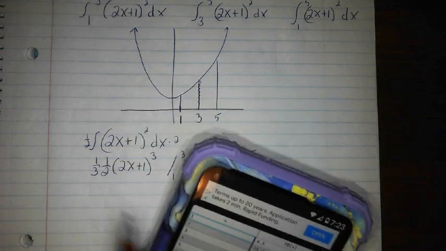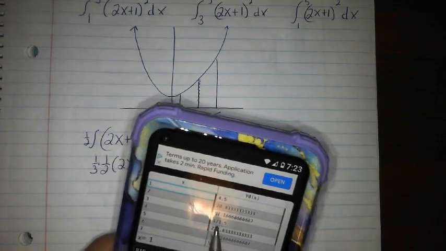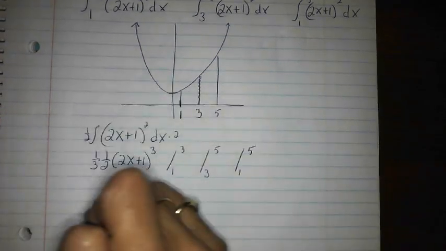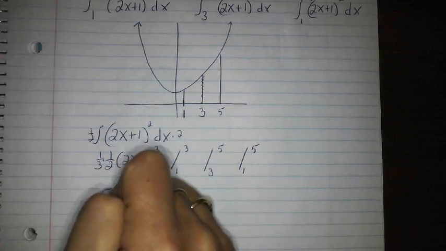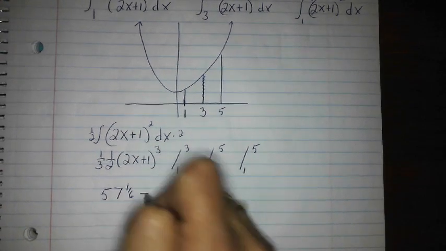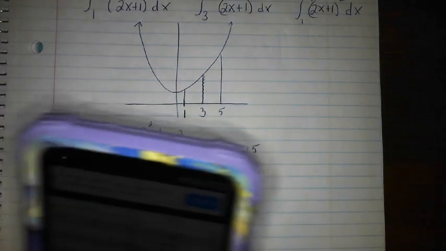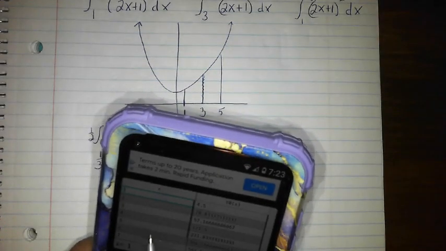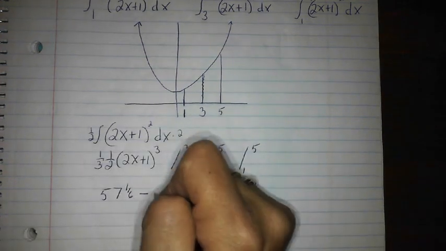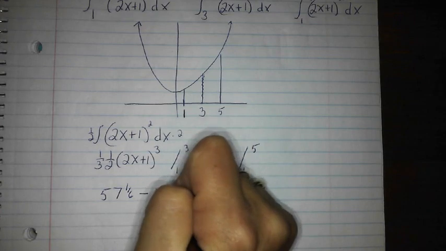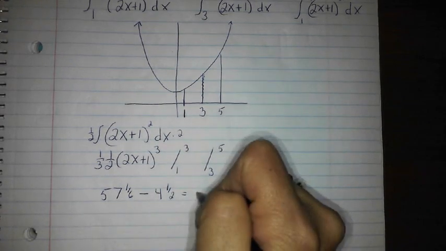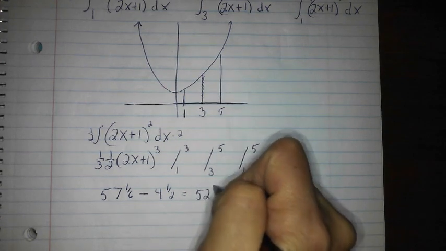Okay, the first one I want is a 3. So at 3, I've got 57.16 repeating. That 1/6 repeating is 1/6. Minus, I'll put in the 1. At 1, did I grab the right one there? Yes, I did. At 1, it's 4.5. Subtracting that, I'm going to get 52 2/3.